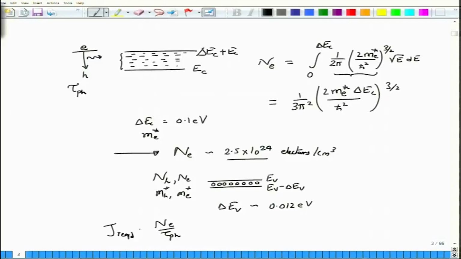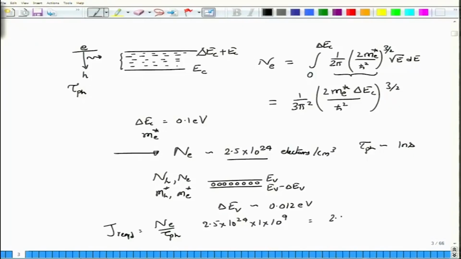You will see that if tau pH is about 1 nanosecond, which is very typical for a semiconductor material, then the required current density will be quite high. So, you have 2.5 into 10 to the power 24 into 1 into 10 to the power 9, because 1 nanosecond inverse becomes 1 into 10 to the power 9.